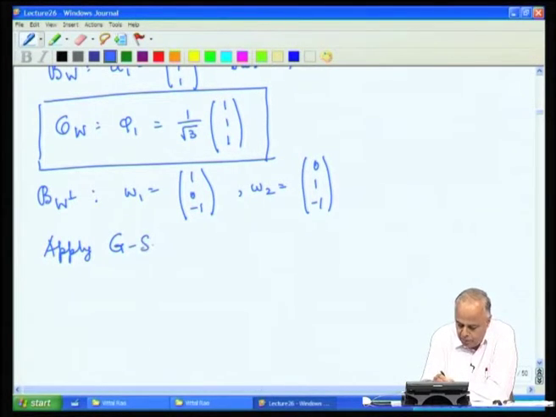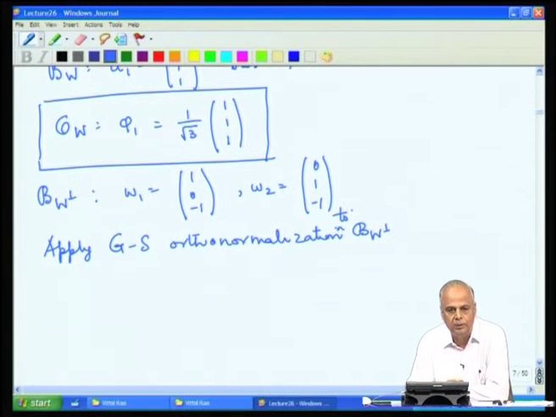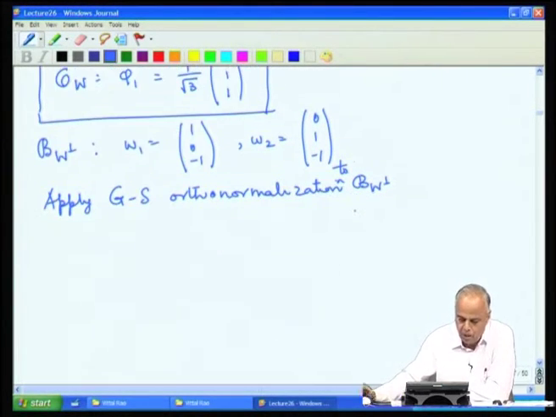We apply the Gram-Schmidt orthonormalization to BW perp, and the result will be an orthonormal basis OW perp for W perp. How does the orthonormalization process go?